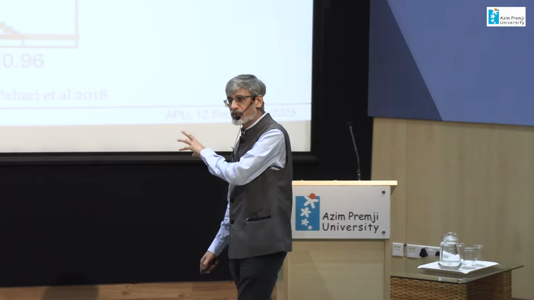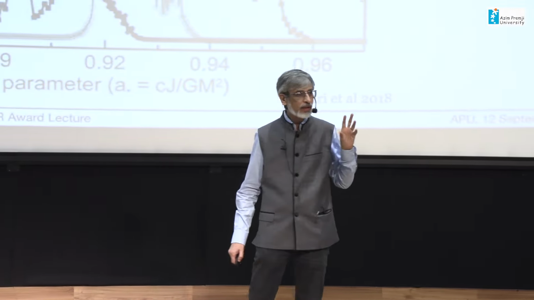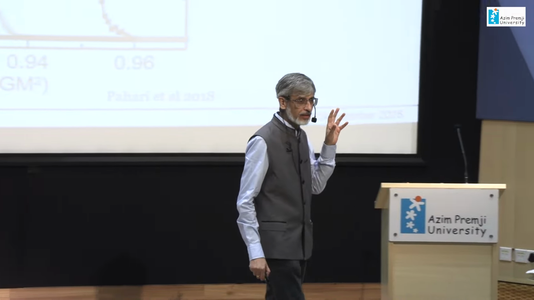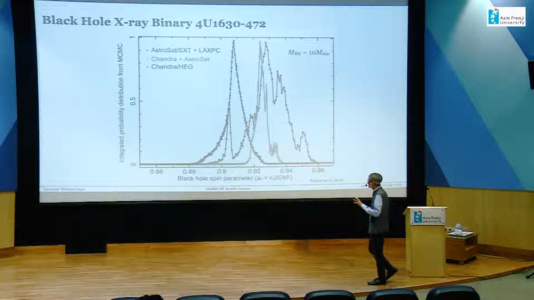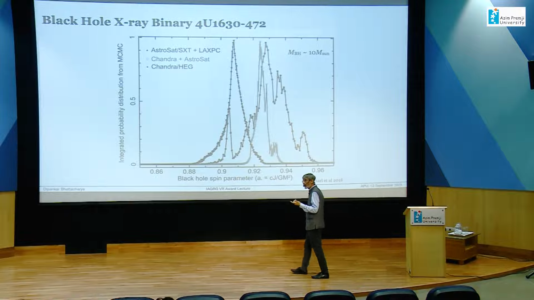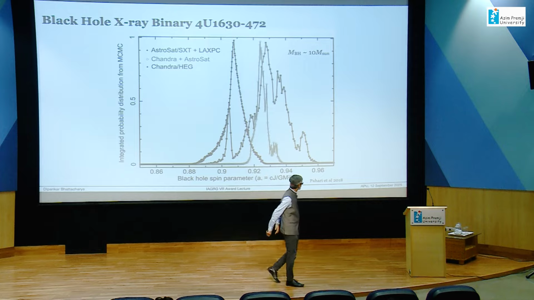So this gives you the ability to measure black hole mass and spin by use of these relativistic signatures, right? Relativistic signatures are not only observed, but they allow us to deduce properties of the black holes.